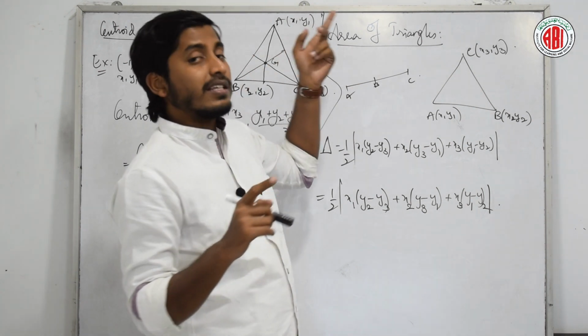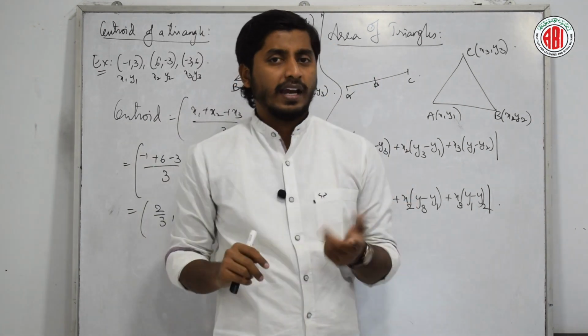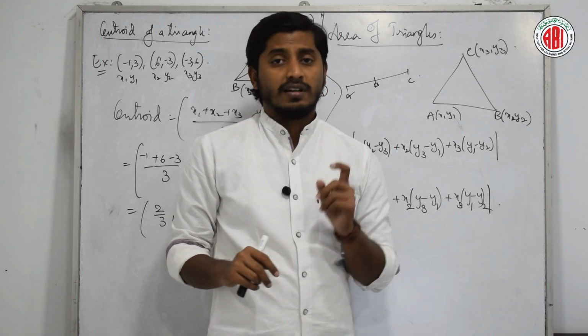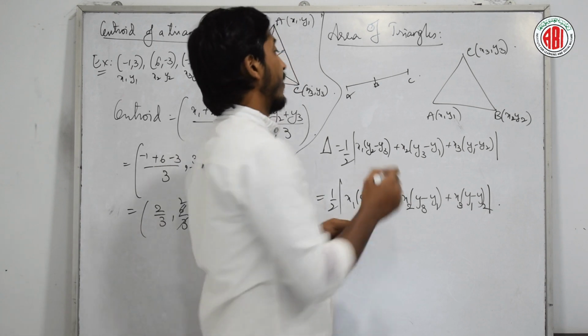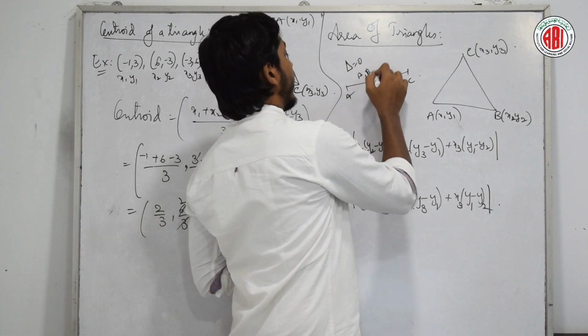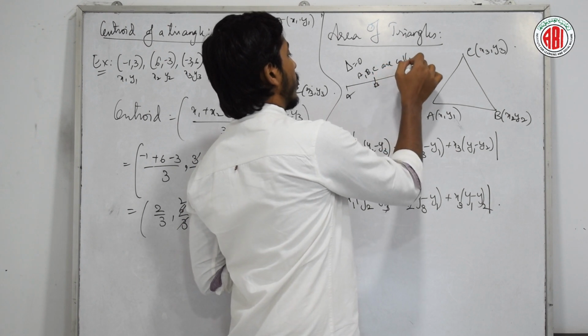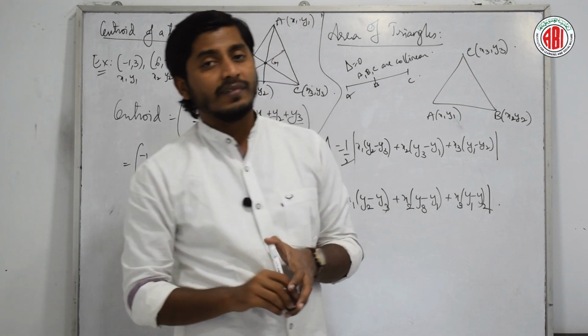In the distance formula, what did we do? AC is equal to AB plus BC. Any two sides add up to the third side. In area of triangle, if area is equal to 0, then A, B, C are collinear. Remember this condition. Clear?